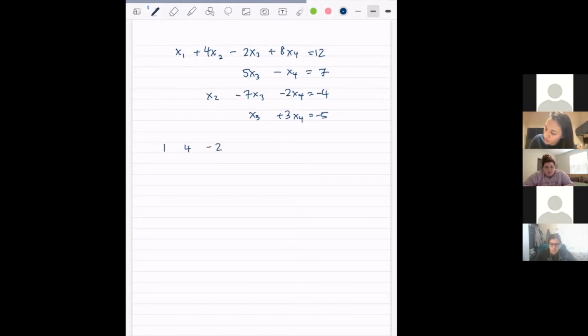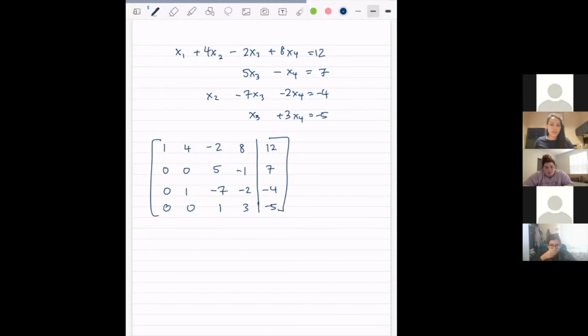I write the coefficients and then a vertical line, and on the other side I write those constants. Since we're missing those variables, we write zeros there. We have -1, 7, and then 1, -7, -2. Oh, sorry, shifted over. So 0, 1, -7, -2, -4, and 0, 0, 1, 3, -5.